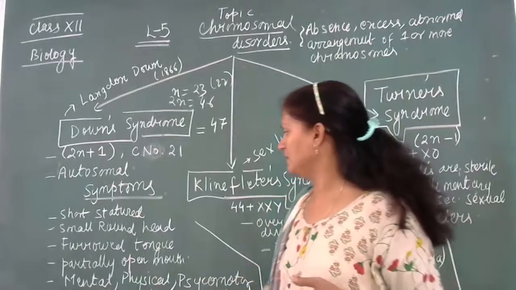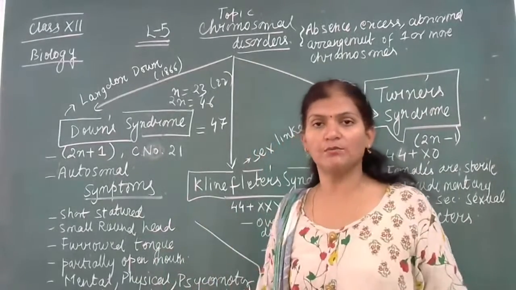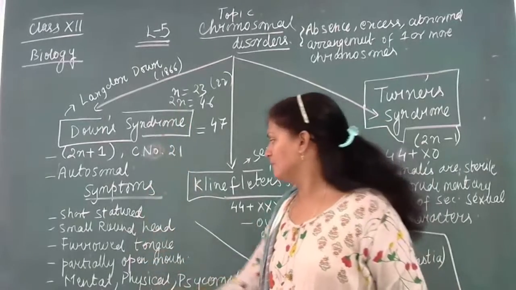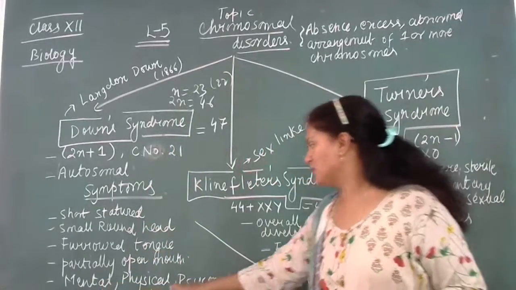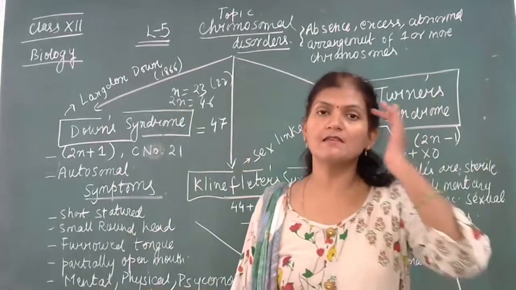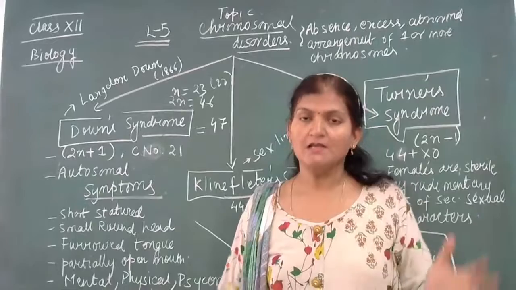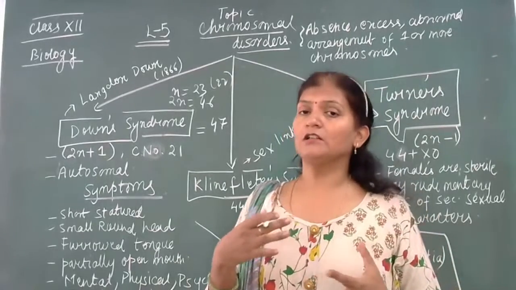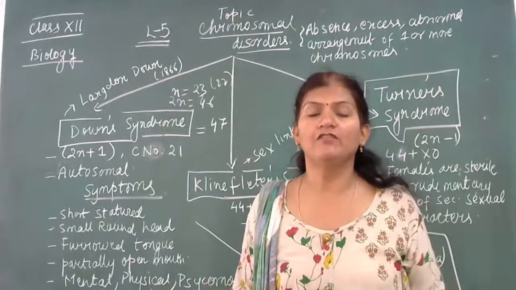Okay, and then the last one and the most important symptom of this particular Down syndrome is the mental, physical, psychomotor development is retarded. Means there is a mental retardation. Psychomotor means the ability to do the activities.